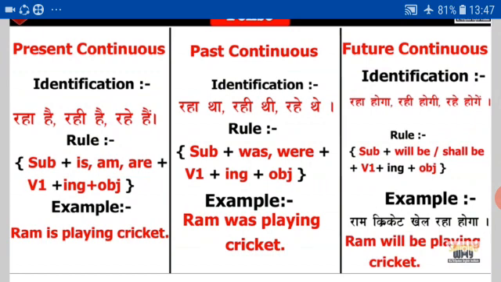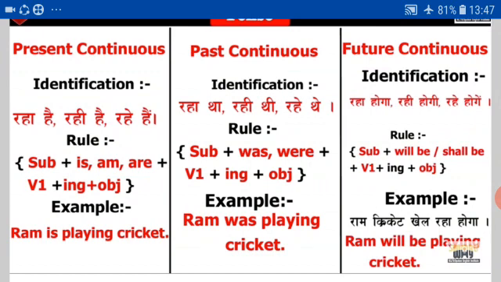In the same way, the future continuous tense, its identification is रहा होगा, रही होगी, रहे होंगे, and its rule will be subject plus will be or shall be plus first form of verb plus ing plus object. For example, Ram will be playing cricket.